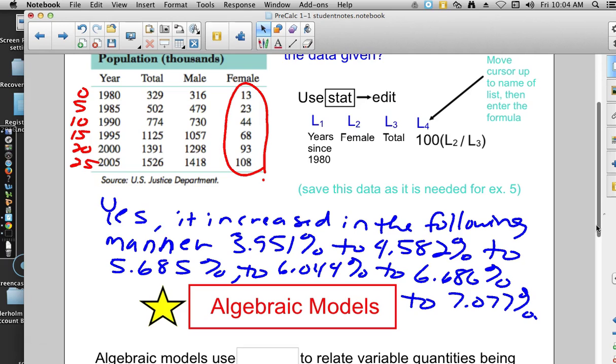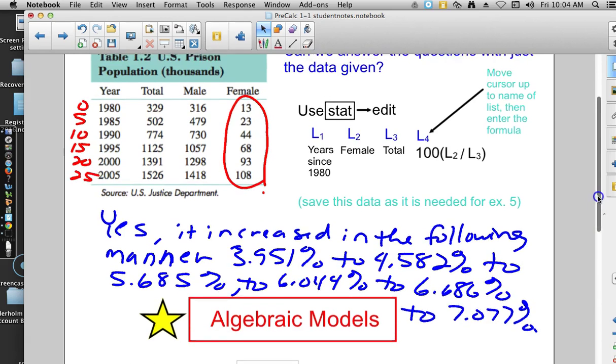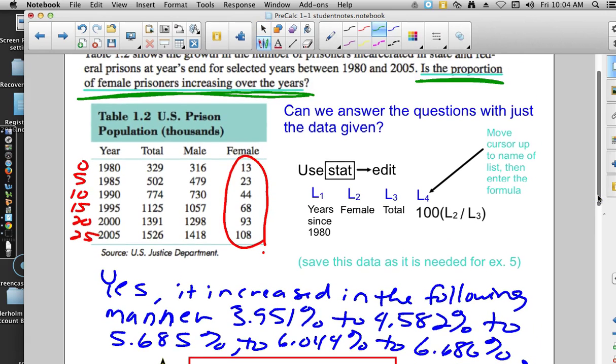In fact, at this point, most tables are not going to give you the total. So what we could have done was have the graphing calculator actually do the addition of those two at one time and get the total on the graphing calculator. We could just put the female stuff in for list 2, the male stuff in for list 3, and then for list 4, tell the calculator to add those two lists together.